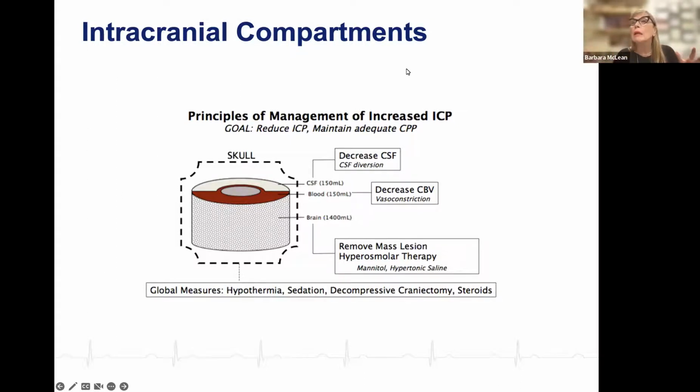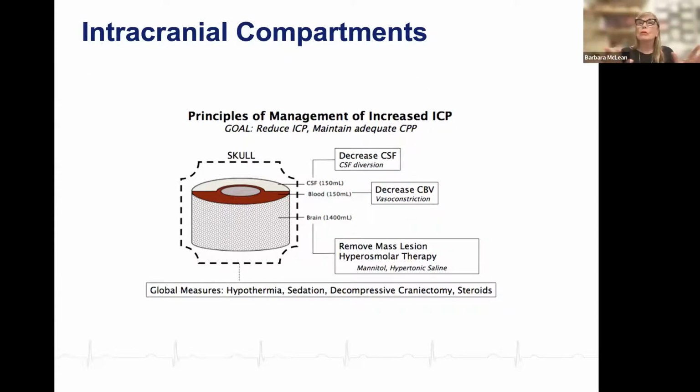So those are really conceptually the way that we're going to deal when there is too much volume in the space. Too much volume in the space gives you an increase in pressure. Because remember the basic concepts, pressure is compliance and volume. So when you are non-compliant, even a CC increase in volume inside the cranial vault will increase that pressure.